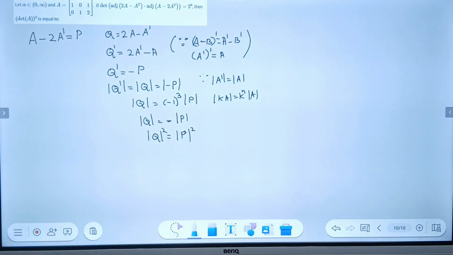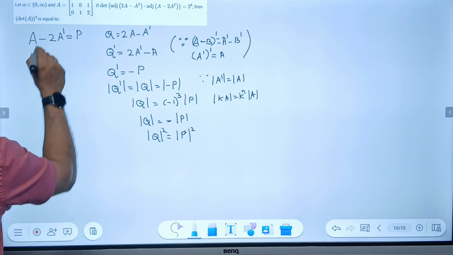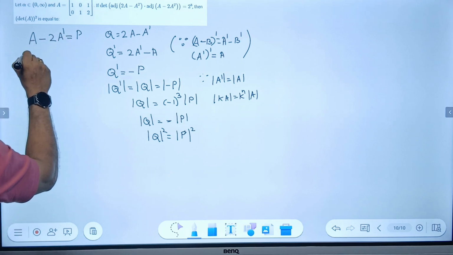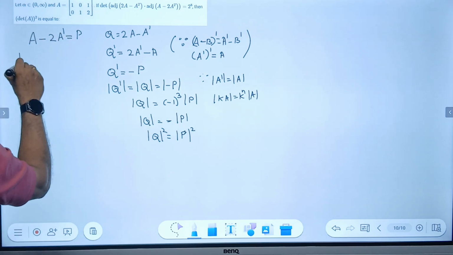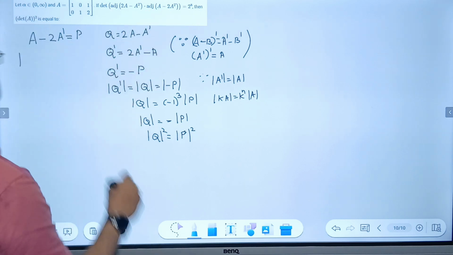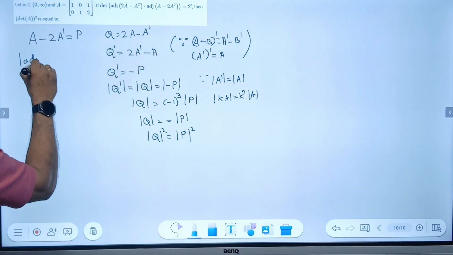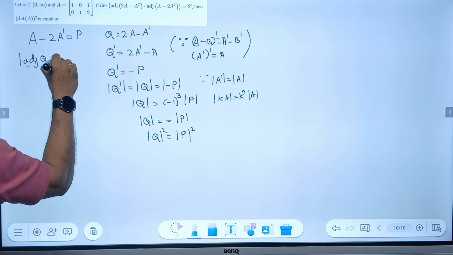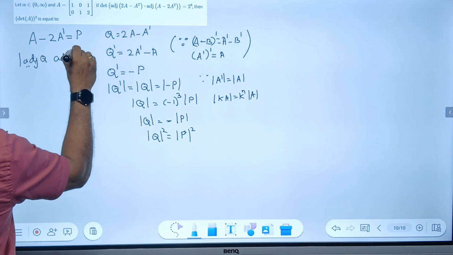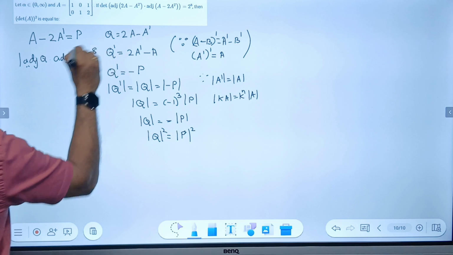Now I go to what is given in the question. This is determinant of adjoint of Q into adjoint of P equal to 2 power 8.